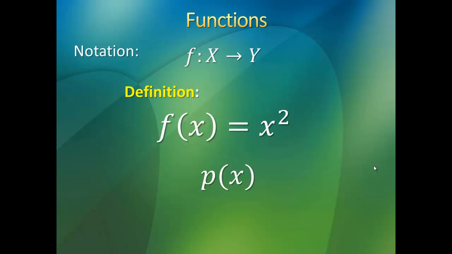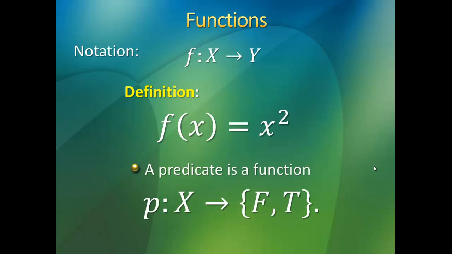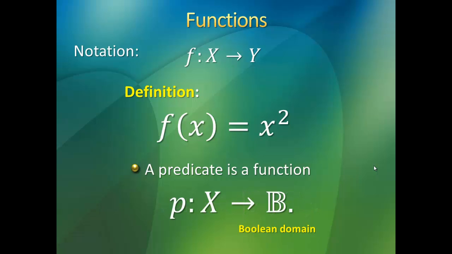It's just like how we would read predicates. In fact, in a way, predicates can be thought of as functions, where the domain is something from a given set, and the codomain is the set {false, true}, which is often called a Boolean domain, even though in our case it's actually the codomain of our functions. We often notate a Boolean domain with a double-struck capital B.